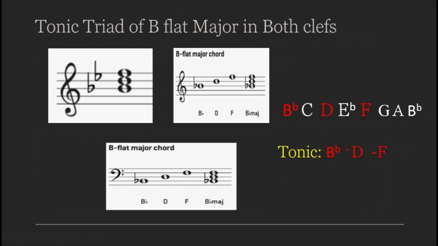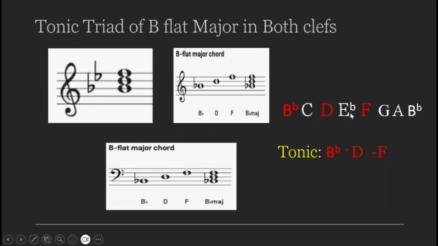Now, the question is, if B flat major has 2 flats, how come we have B flat, E flat, B flat again? Have you ever asked yourself that question? Can anyone answer that question? Because the last one is the upper tonic. But why is it that we have B flat?